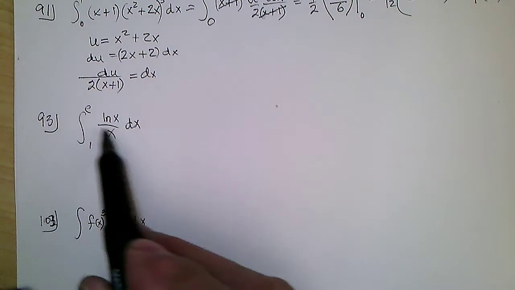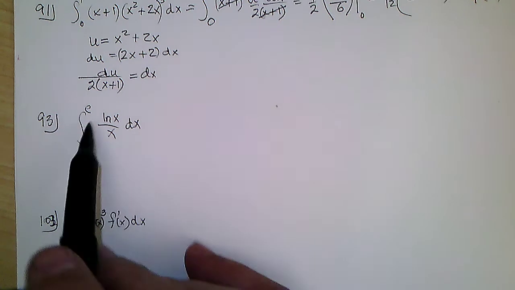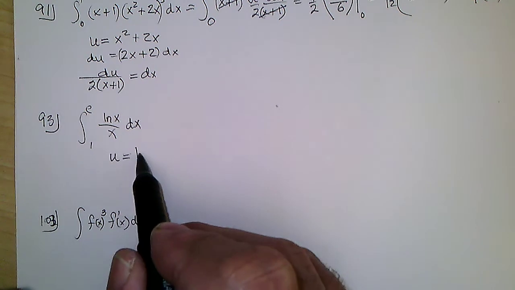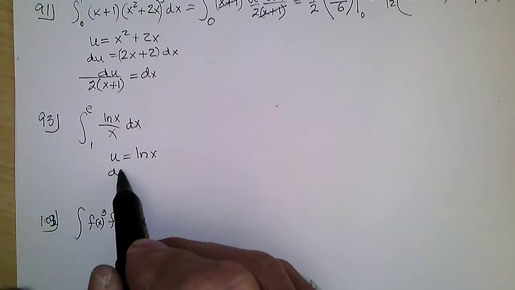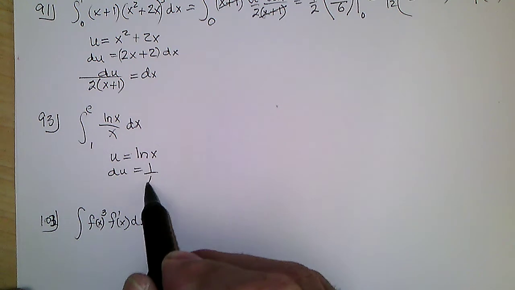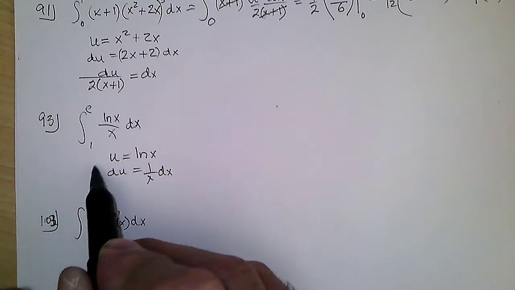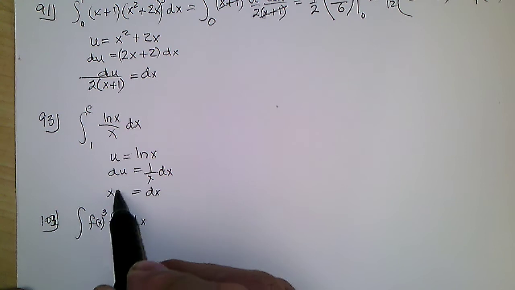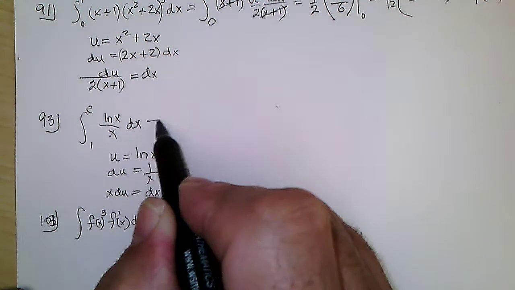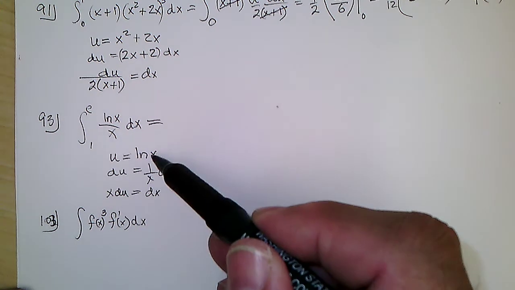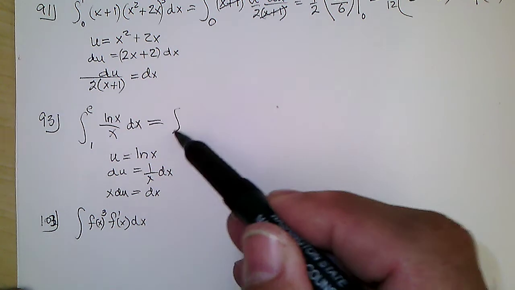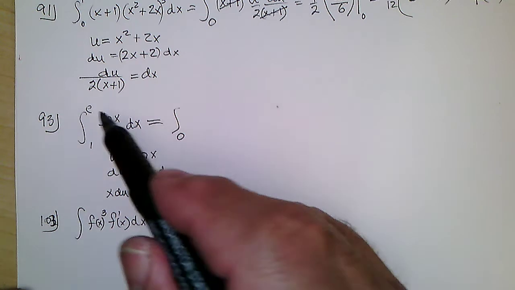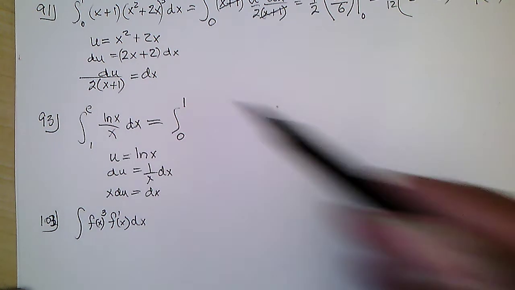All right, we don't like having ln's in the problem, so let's let u equal ln x. Then du would be 1 over x dx. We multiply both sides by x and get dx equals x du. So if we put 1 into here to change our limits, ln of 1 is 0, and ln of e is 1.